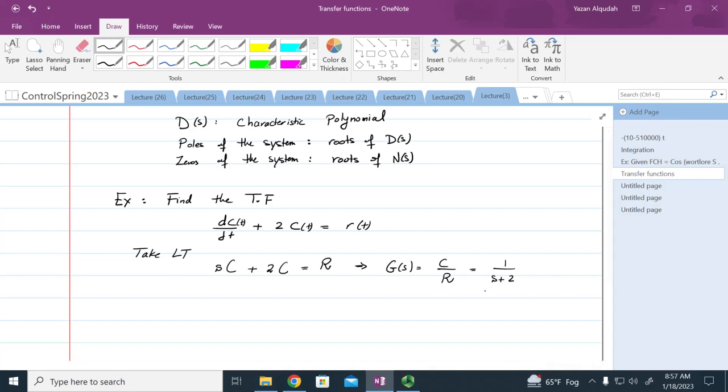We take C as a common factor, and then we divide by R. It's going to be 1 over s plus 2. Okay. Is that clear, everybody? Transfer function?